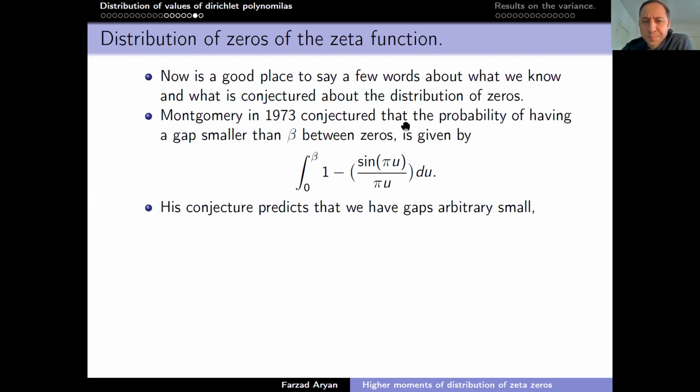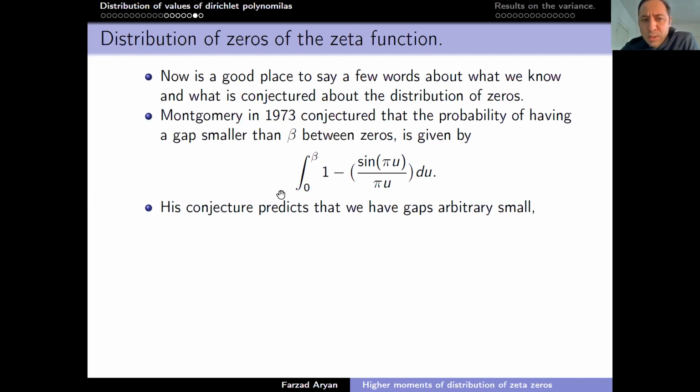And this probability distribution function has a similarity with the probability distribution of the eigenvalues of certain matrices, which at the time suggested that if people looked more into the spectral theory, they may learn something, but not much came out of it.